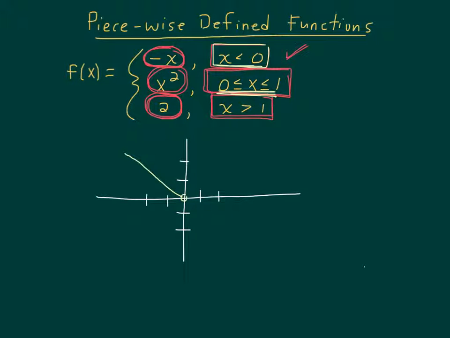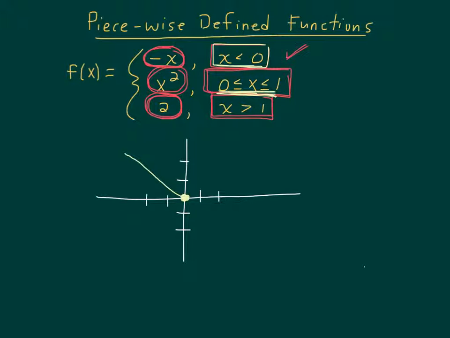So if I plug 0 into it, notice 0 is included here as well as 1. If I plug 0 into x squared, 0 squared is 0, and that happens to be at the same spot where the last one ended, so that open circle that was temporarily open, now it just got filled.